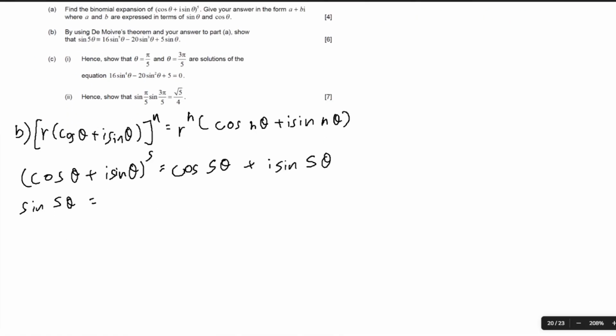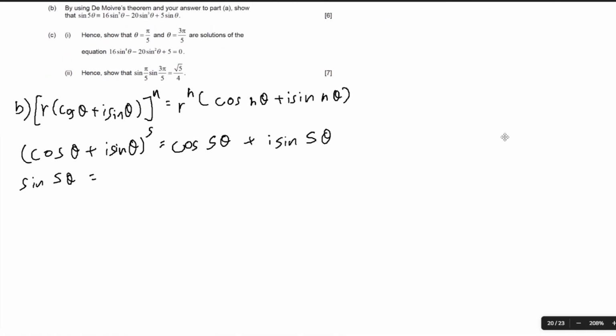So it would be 5 cos^4 theta sine theta minus 10 cos squared theta sine cubed theta plus sine^5 theta.